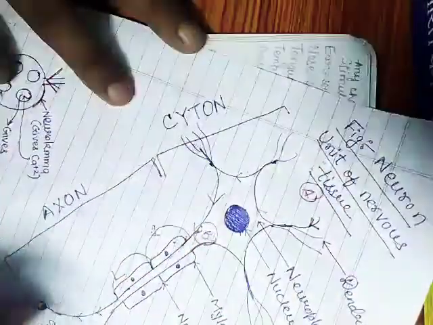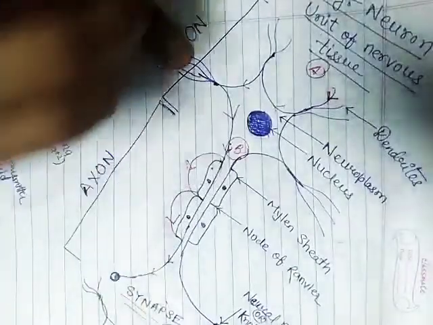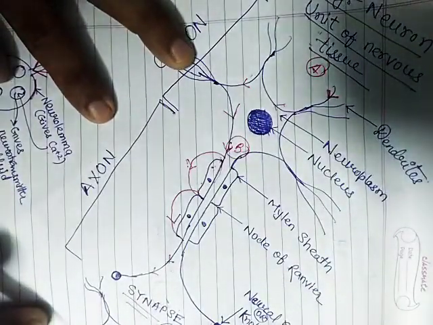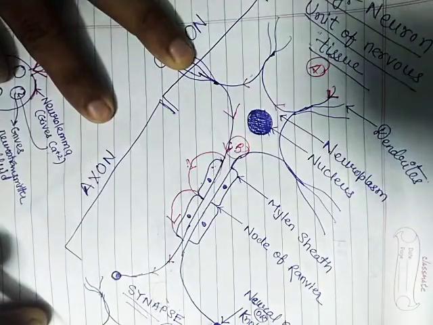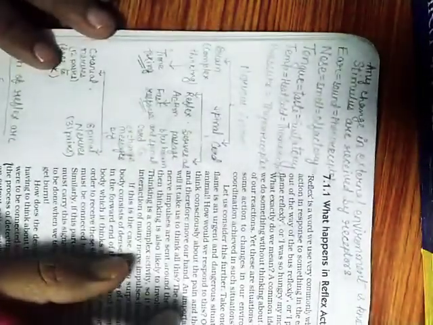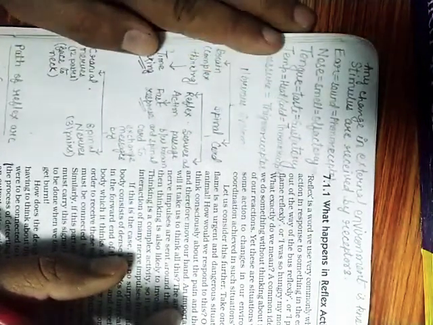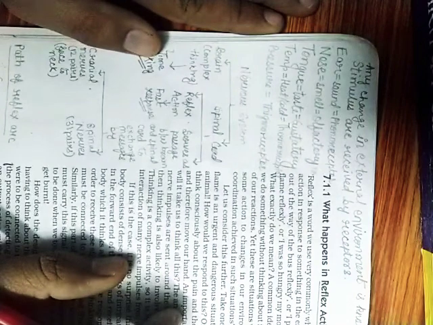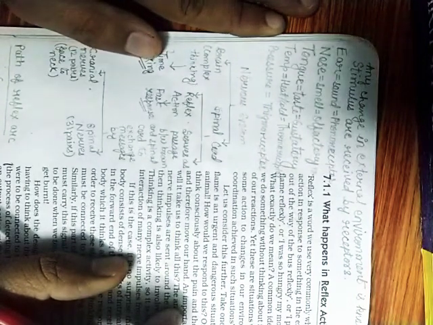So A, B, C, D, E, F, G, H, like that. There is a very long group of neurons together in longitudinal, linear fashion. These all form nerves.